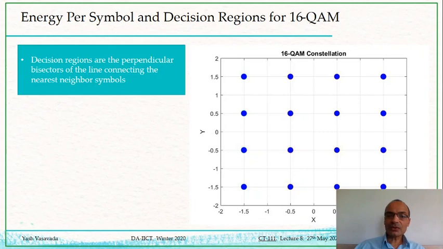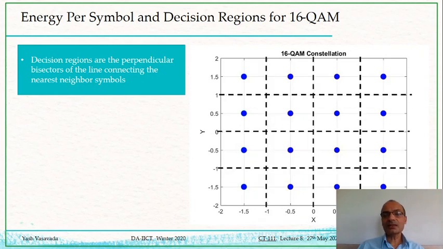And so if we draw such lines, we get such decision regions. And this makes a lot of intuitive sense. What is the part of this IQ plane which is closest to this particular symbol compared to all the others? It is obviously this square over here. And so this is the decision region for this symbol.